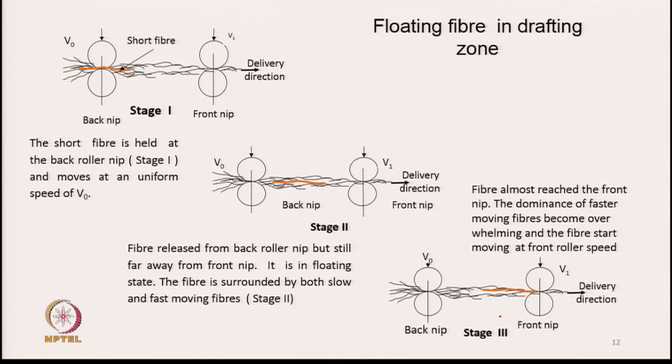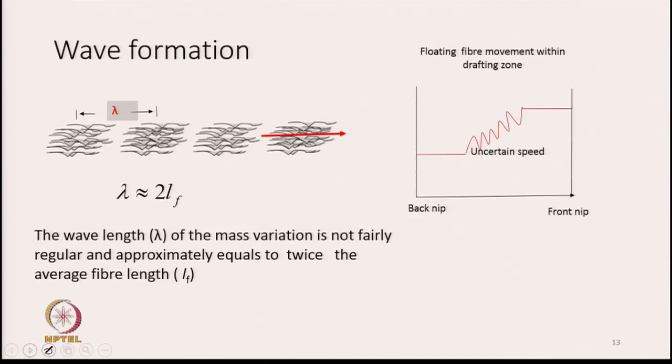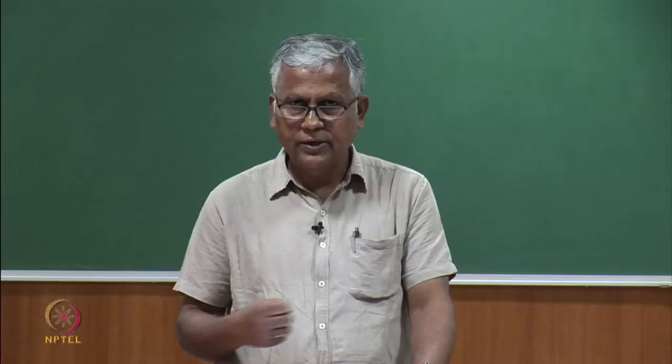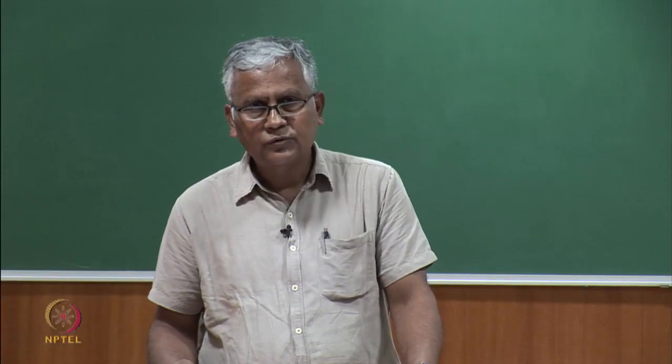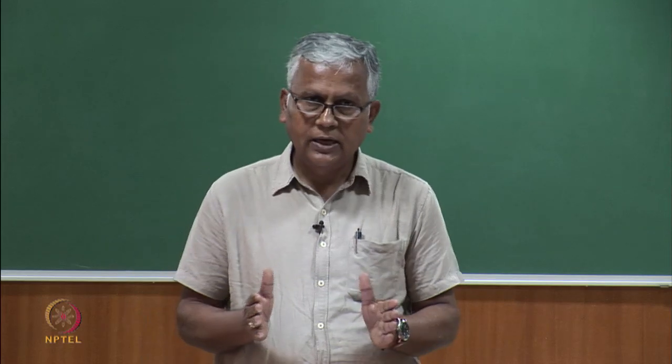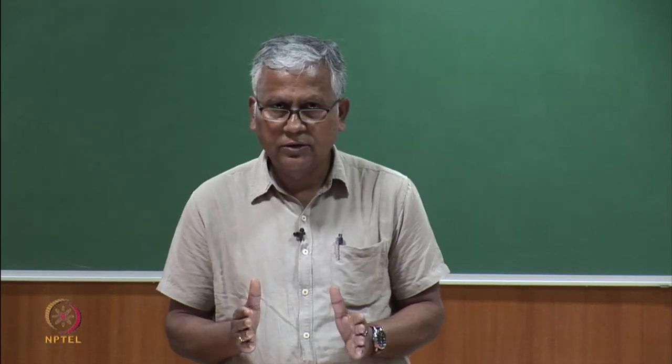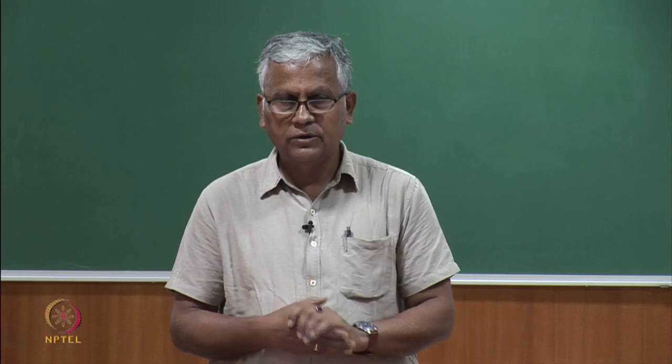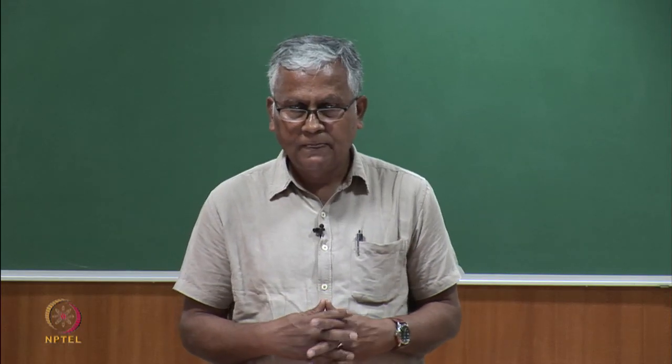This is how the journey of a fiber takes place from back nip to front nip. When the fiber is coming closer and closer to the front roller nip, it starts moving with the front roller speed, but in the intermediate region there is a lot of uncertainty about its speed.